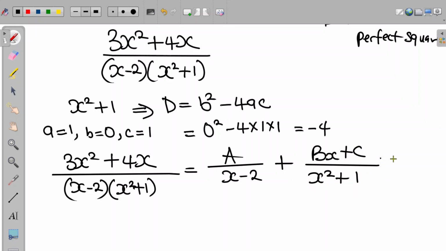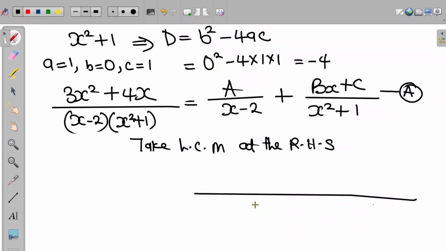Let's call this equation A. Now, the first step for obtaining the values of A, B, and C is to take the LCM at the right-hand side. So by taking the LCM, we have (x minus 2) multiplied by (x squared plus 1).